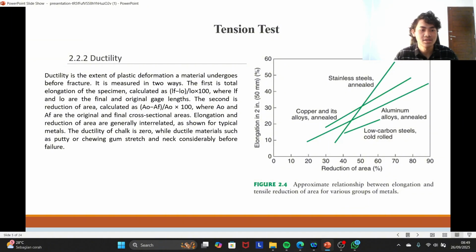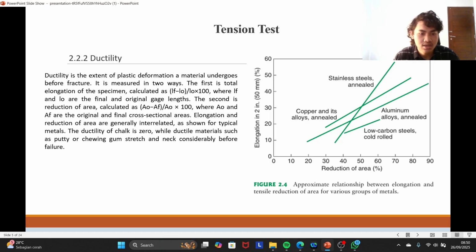The second is reduction of area, calculated as (A0 minus Af) over A0, where A0 and Af are the original and final cross-sectional areas. Elongation and reduction of area are generally interrelated, as shown for typical metals.